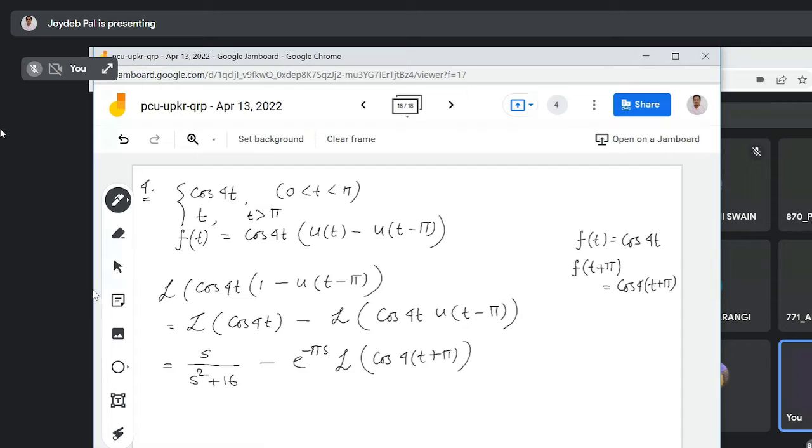So cos of 4t plus 4 pi. What will 4t plus 4 pi be? This will be cos 4t, right? By the multiple formula. Any doubt? This will be cos 4t, cos of 4 into t plus pi, it is cos 4t, and minus cos 4t. Tell me.